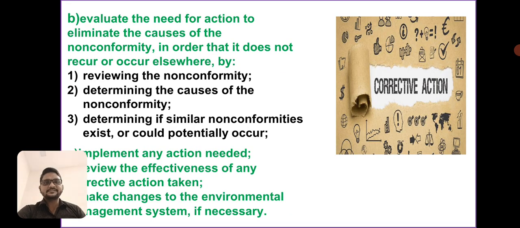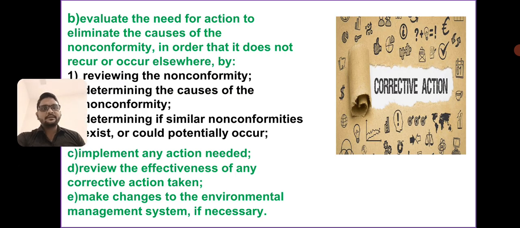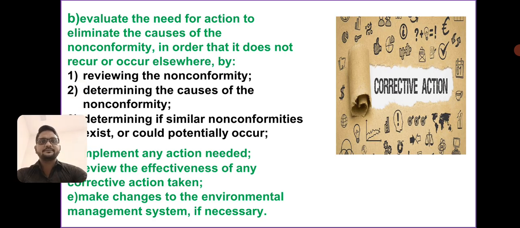Next is to evaluate the need for action to eliminate the causes of the non-conformity, in order that it does not reoccur or occur elsewhere. And next is to implement any action needed, review the effectiveness of corrective action taken, and make changes to the environmental management system if necessary.